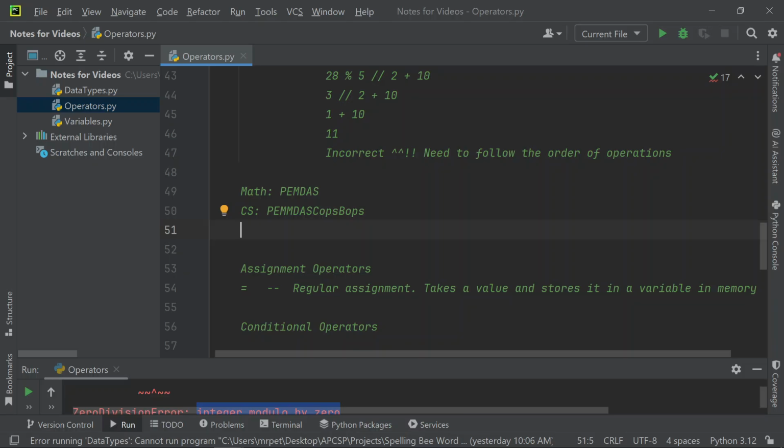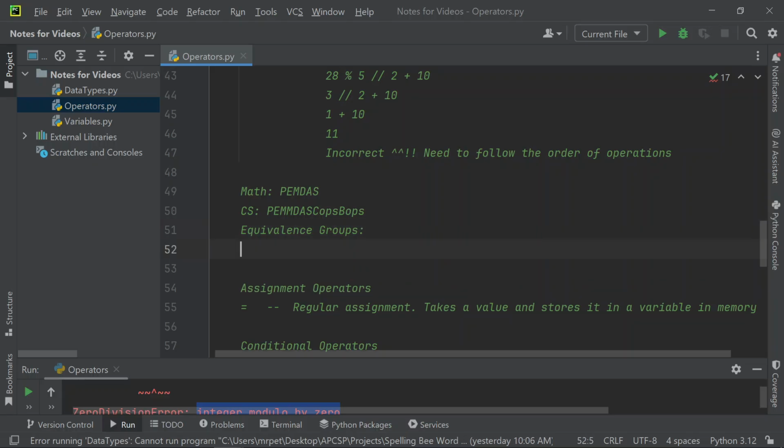To show our equivalence groups for which of these operators are in the same precedence, we'll put some little brackets around things before we evaluate. All right, so there's our groups.